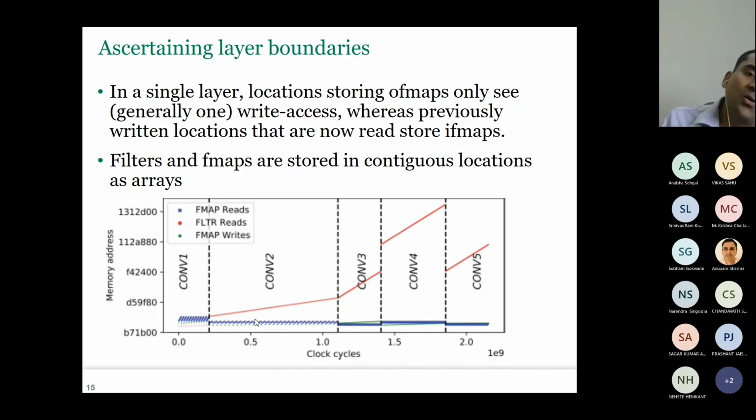But suppose you can somehow read it, then you can find out the layer boundaries: when one layer has finished and when another layer has started. Because the data of one layer may be stored in one place, and the data of another layer at another place. Here, see, the output of one layer becomes the input of the next layer. So that's the kind of idea.